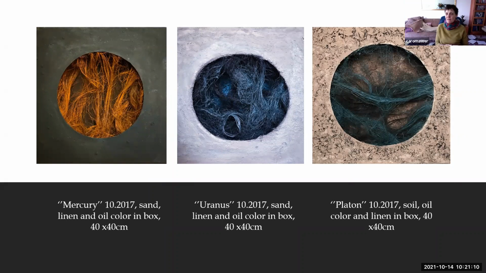So the actual location of the rope, the linen rope and stuff, did you decide how that was going to be, or did you just move that with your paintbrush? No, I decided because I look at the atmosphere of Mercury, Uranus, and Saturn in my books. So I decided how to move it, and I make it.